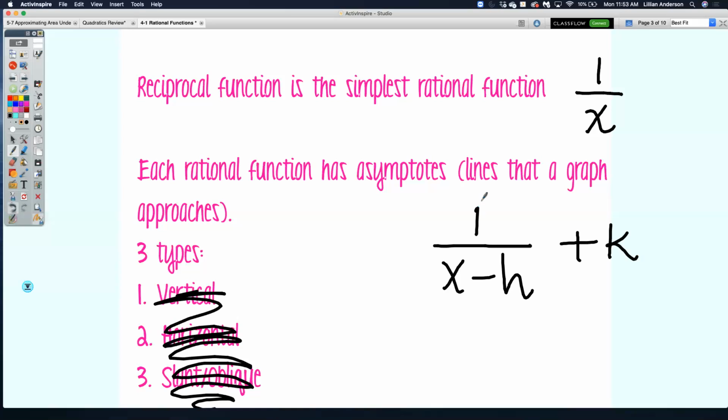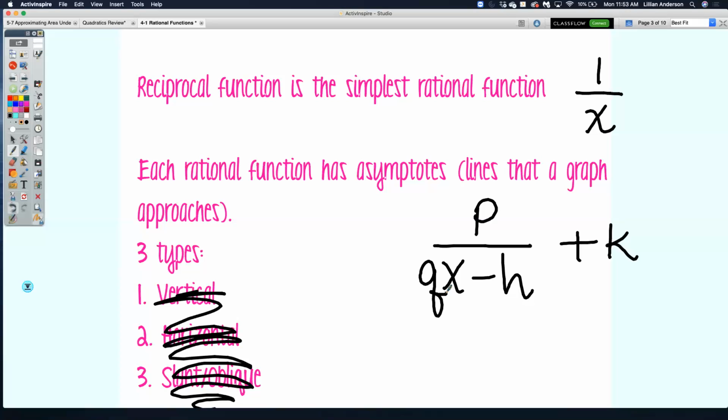Or if I have a vertical stretch or shrink. Or if I have a horizontal stretch or shrink. Okay, the most basic rational function, that reciprocal function, is also the one that has all the different types of transformations that apply to it as well.